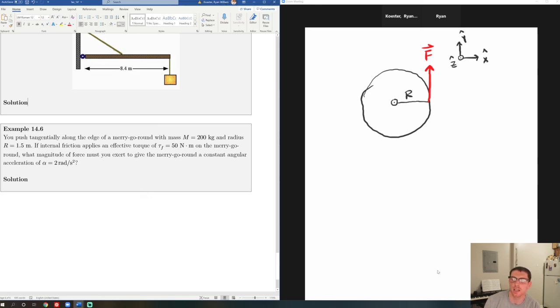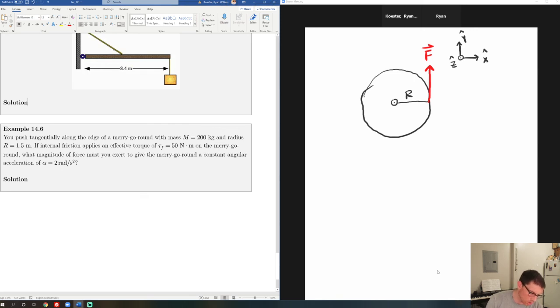In this case, I can do it this way, so the torque associated with the force that you push is positive, and the frictional torque is negative, and I'll talk more about that in a second.